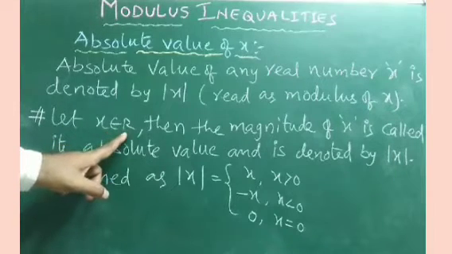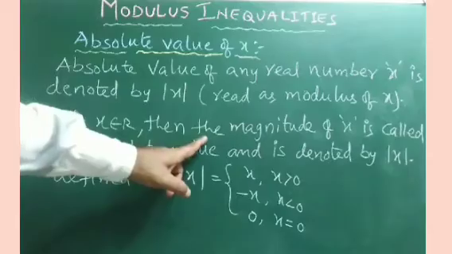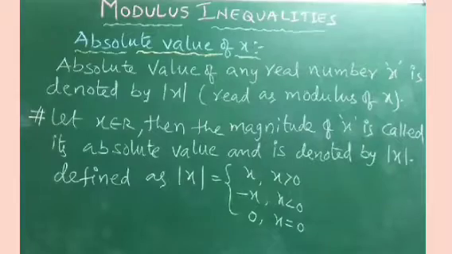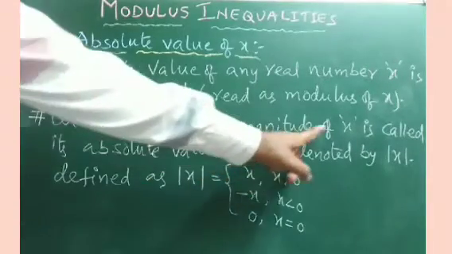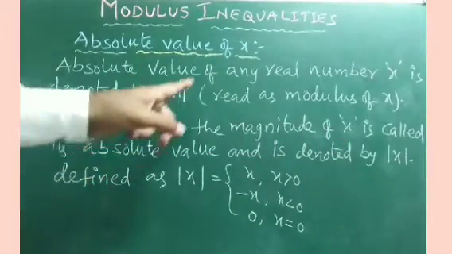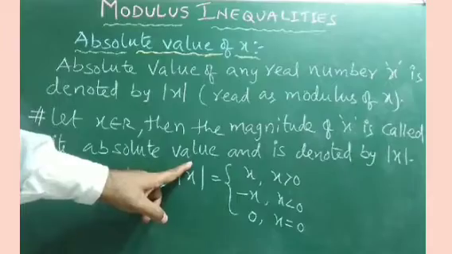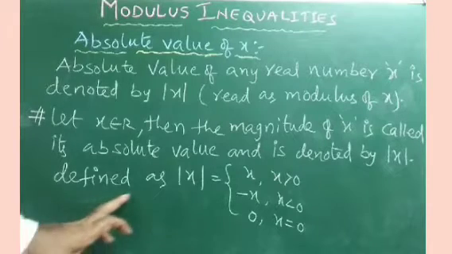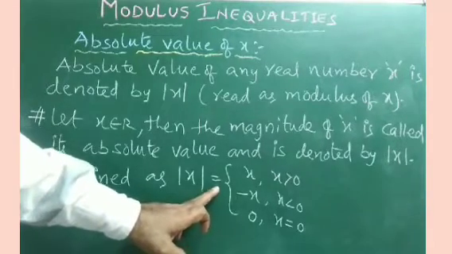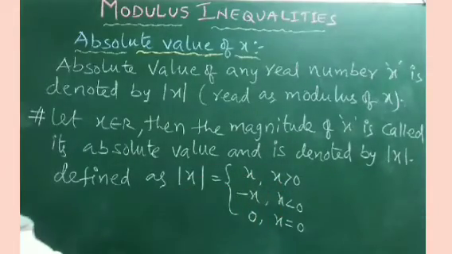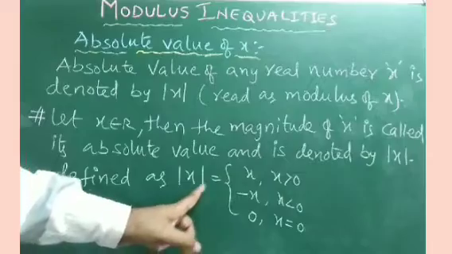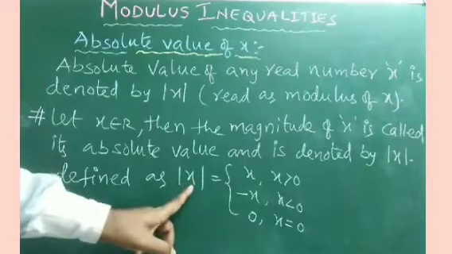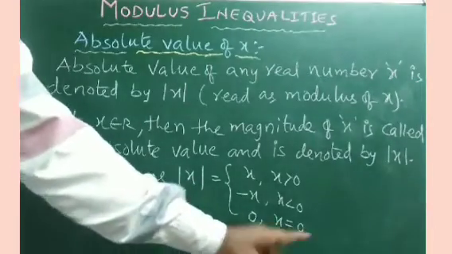Let x belong to R, that is, x be any real number, then the magnitude of x is called its absolute value, and is denoted by modulus of x, and is defined as: modulus of x is equal to x when x is greater than 0, modulus of x is equal to minus x when x is less than 0, and modulus of x is 0 when x is equal to 0.